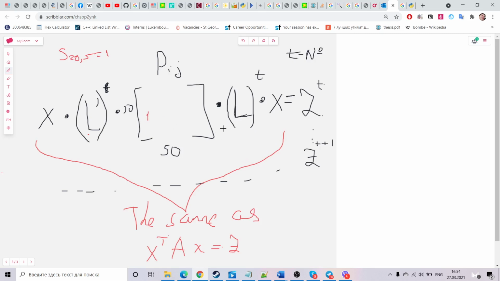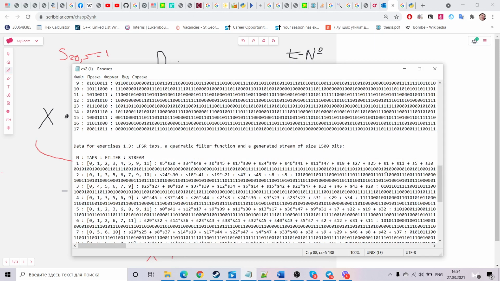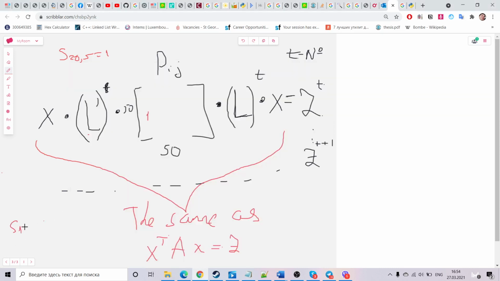And for example, s1 is equal to s1 multiplied by s1, so it will be on the diagonal, so it will be 1.